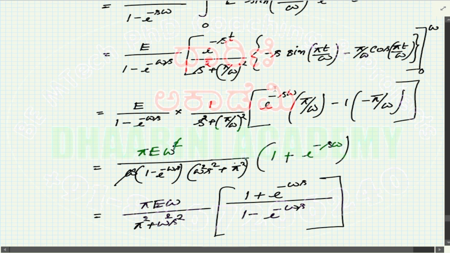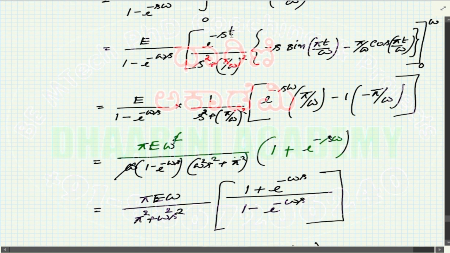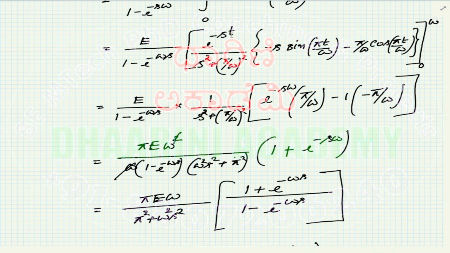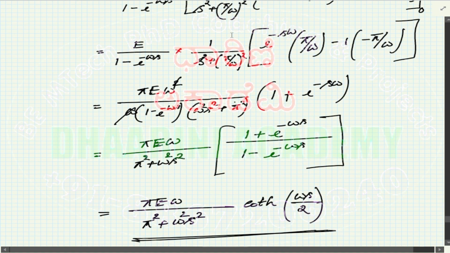Here we are substituting t, this is with respect to t. So first you substitute t as omega, then you put t as 0. Then you verify. Let me know if you have any other doubt when you proceed further. So the term in the bracket is a cot hyperbolic function.